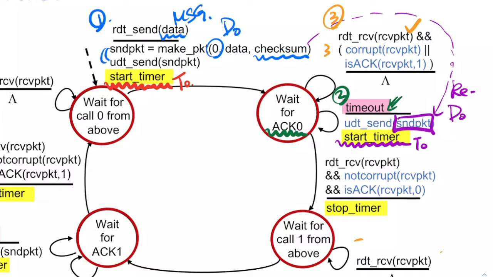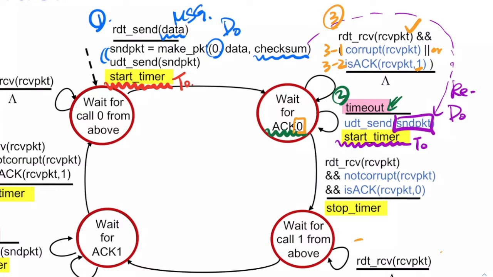in 3-1 and 3-2, the first situation is that we cannot understand what exactly the packet is, so it is corrupted. Or it is an ACK, but currently we are waiting for ACK0, because we sent D0 to the receiver, and currently we get ACK number 1. That means it is a delayed ACK or a duplicate ACK.